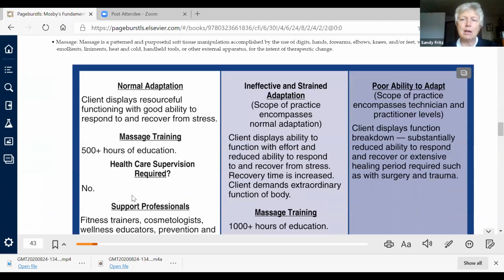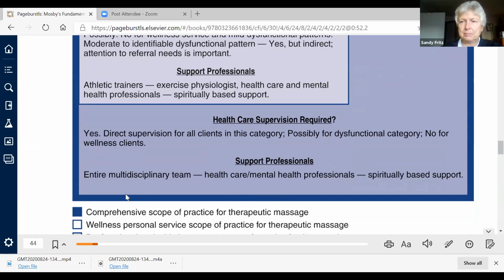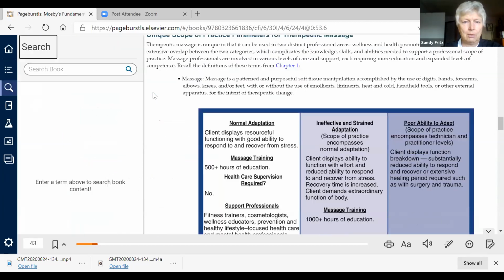Then this box also explains the idea of levels of scope of practice, as opposed to even a level of training. And we move into a broader scope of practice with more experience and more education. So this whole purple box here is the scope of practice for therapeutic massage.